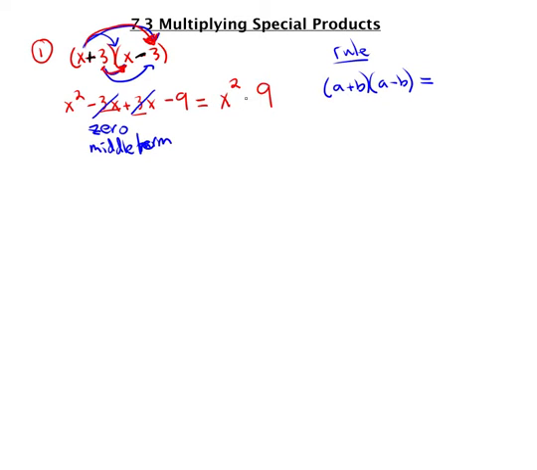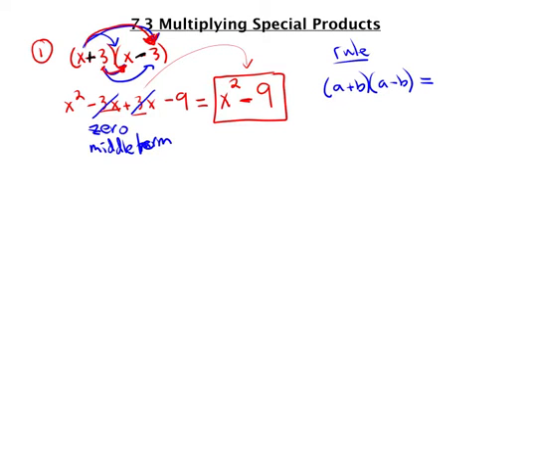Okay, so it's going to be a binomial, but that middle term zeroed out because one was positive and one was negative, so a negative times a positive is a negative 9 at that end. So this has a middle term that's hidden. That middle term, remember, is that 0x.